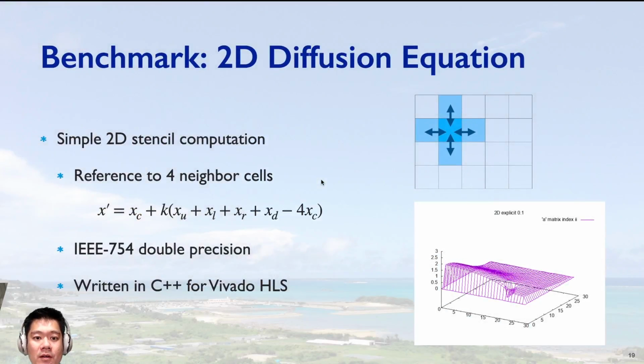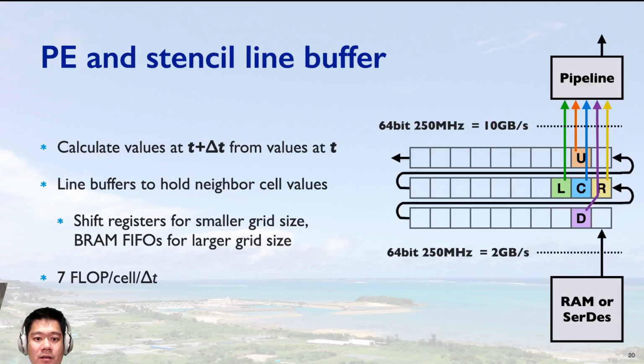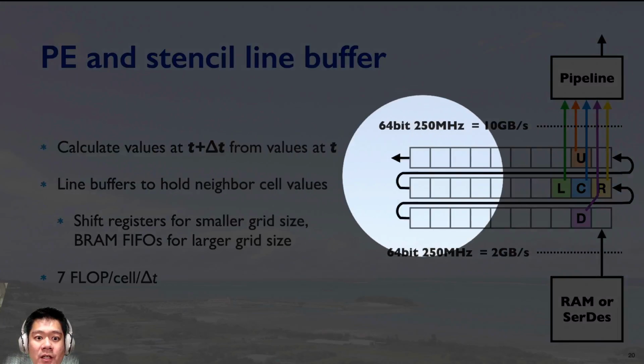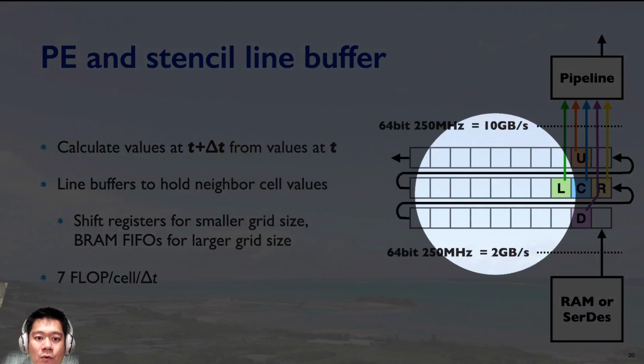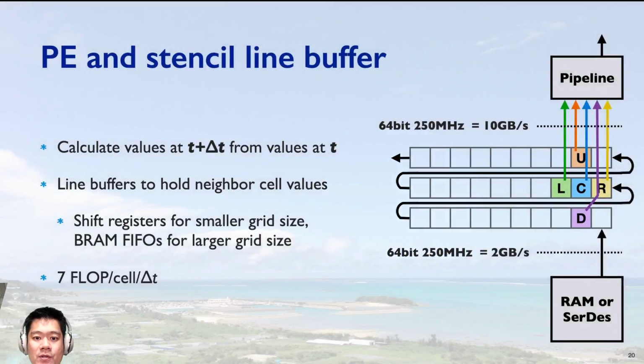Like other two-dimensional stencil implementations, the PE has a stencil buffer that linearly holds all neighbor cell values. The line buffers are shift registers or block-RAM-based FIFOs, and the pipeline consists of 7 floating point units.